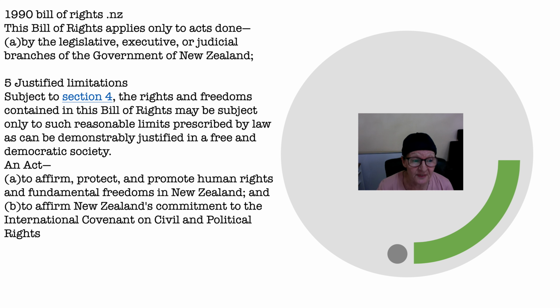Now, they've got a thing in that Bill of Rights called justified limitations, and they're trying to get rid of this law, but we need it because this right here is to affirm, protect, and promote the humans' rights. Who are the humans' rights?